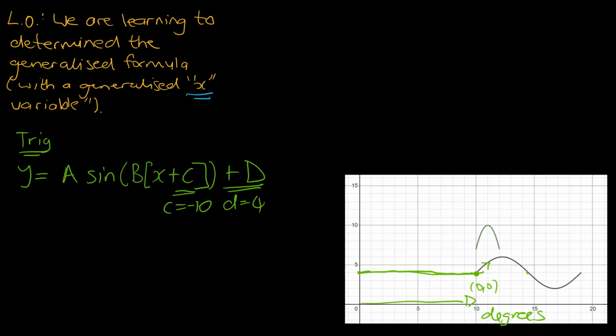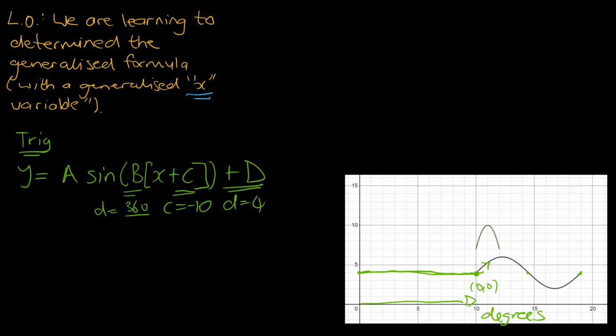We've now got to move on to the b value. So the b relates to how many cycles fit within our, because we're doing degrees, 360 degree cycle. So b is going to be equal to 360 divided by the length of the cycle. So if you have a look, we start at 10 and we finish at, that appears to be 19.